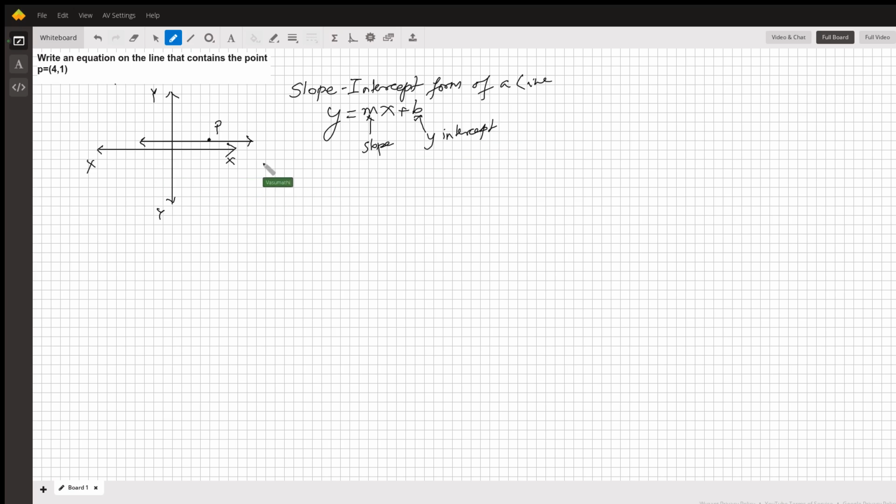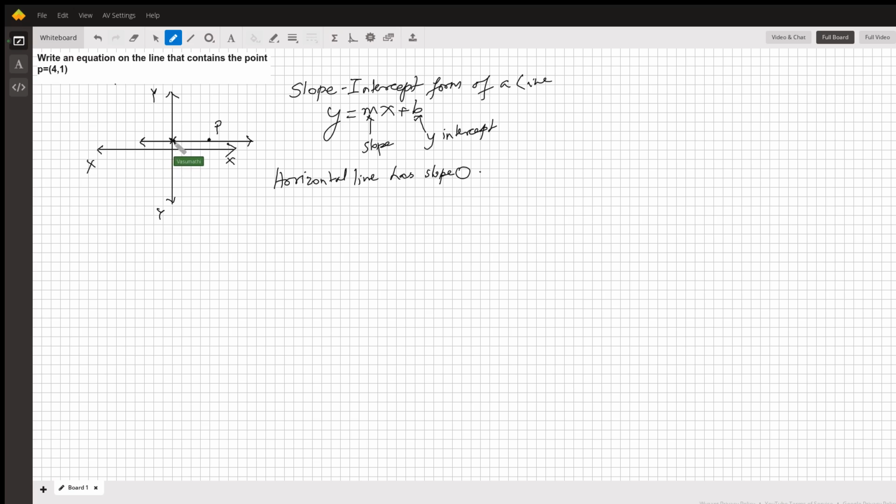Now, according to my picture, I have a horizontal line. So the horizontal line, it's not steep, it's just flat, right? So the slope is 0. The horizontal line has slope 0. Now again, from the graph, I can read off the y-intercept.